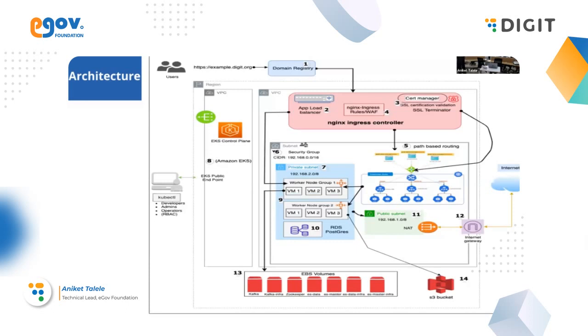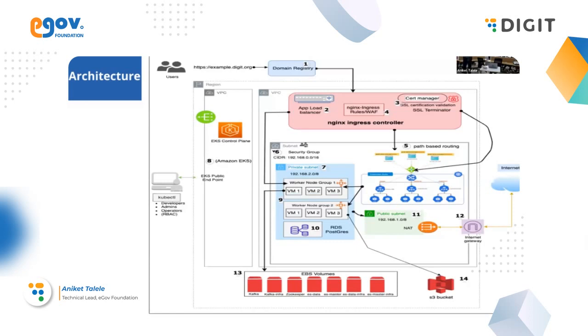Only when your machines want to connect with the internet, they can connect. But from the internet, no one can connect to these machines directly. So the NAT gateway takes care of it. The internet gateway is basically to give internet access to your overall VPC.